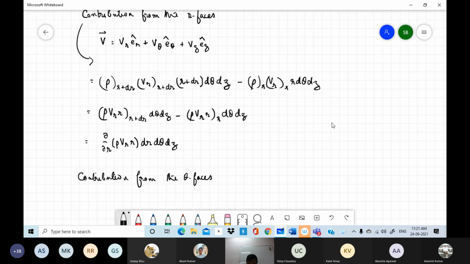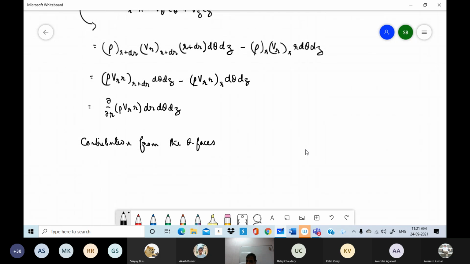Therefore, the contribution from the theta faces would be rho at... so rho v dot dA is what I need to evaluate. So it would be... into the area which is dr into dz.